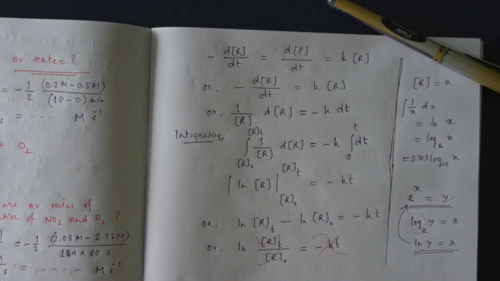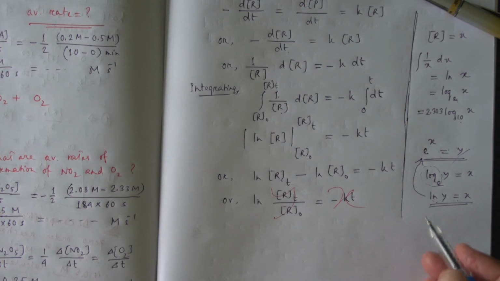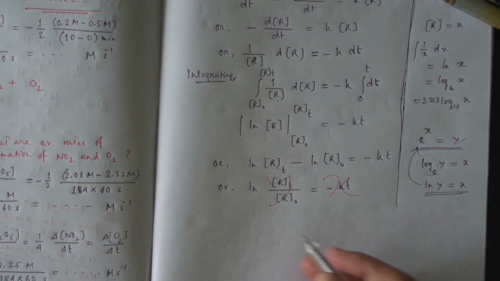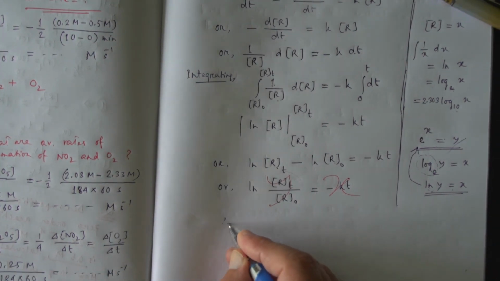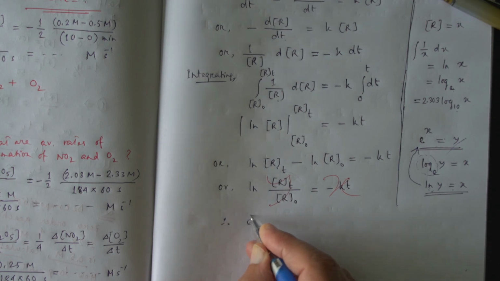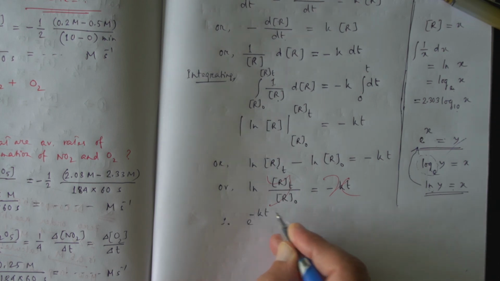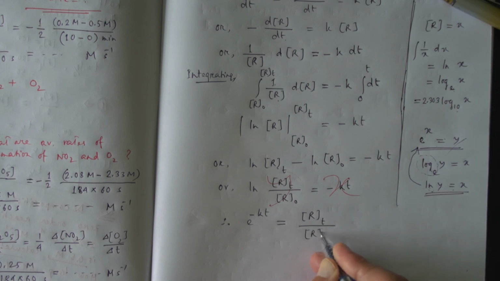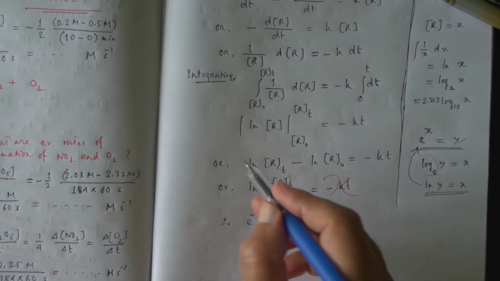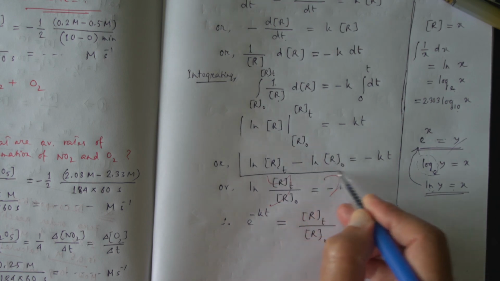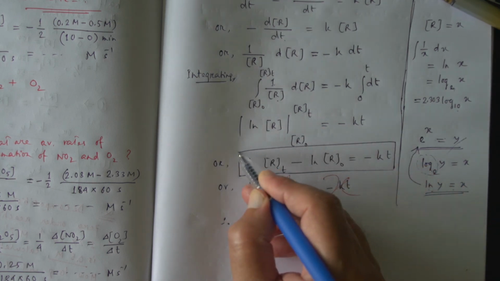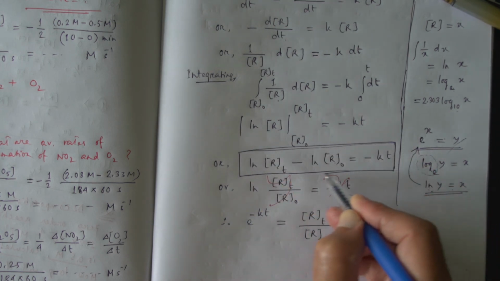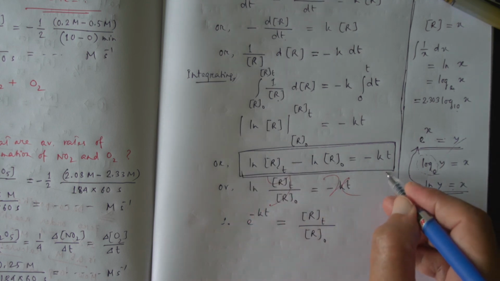Is it not like that? So if I write it as e to the power, what will it be? So e to the power minus kt will be equal to rt by r naught. Let me write this as equation 2.